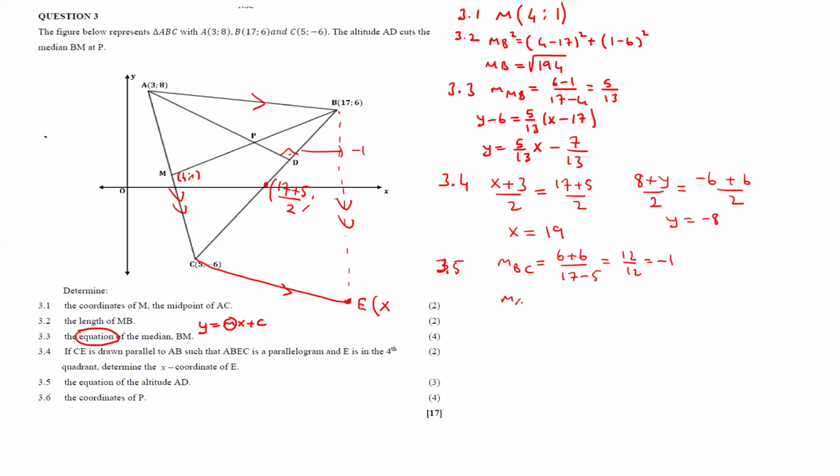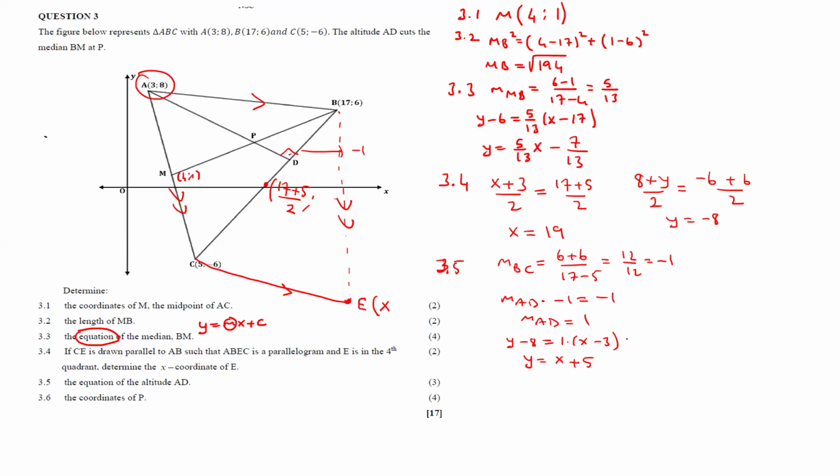From that, the gradient of AD times negative 1 is equal to negative 1, so the gradient of AD will be equal to 1. Point A is on this same line, so we can use the coordinates of A. y minus 8 is equal to 1 times x minus 3. y is equal to x minus 3 plus 8, so x plus 5.